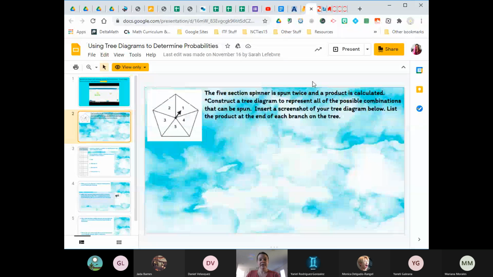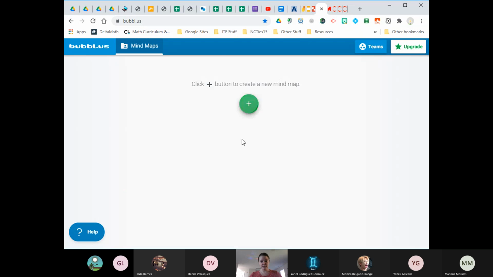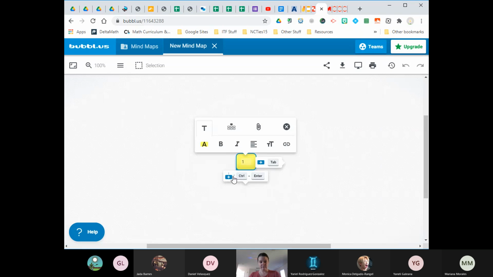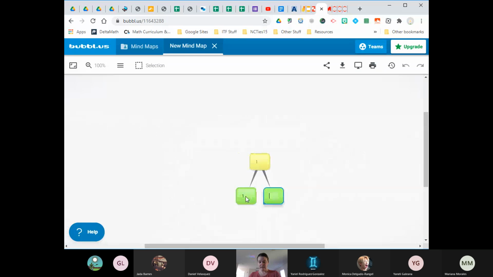All right, so for this first one, you are going to spin this 5-section spinner twice, and you need to make a tree diagram. So in your first row, I should see all the options on the spinner. And then in the second row, I should see, coming off of 1, all of the options I could spin the second time around. So from 1, I would see 1, 2, 3, 4, and 5.